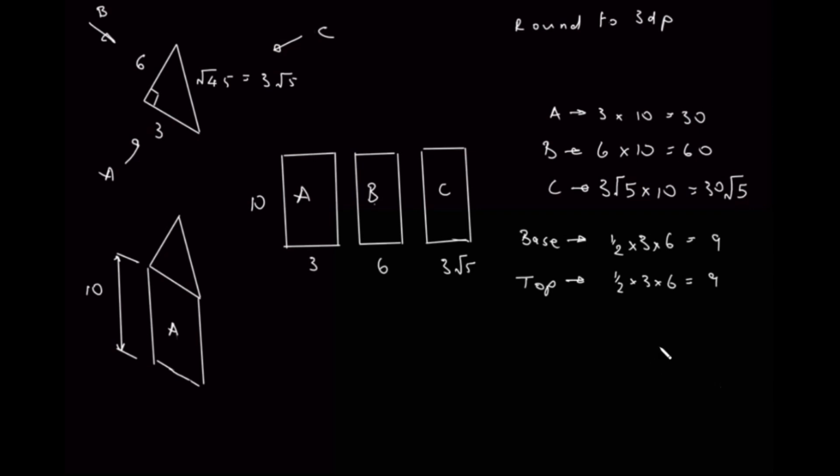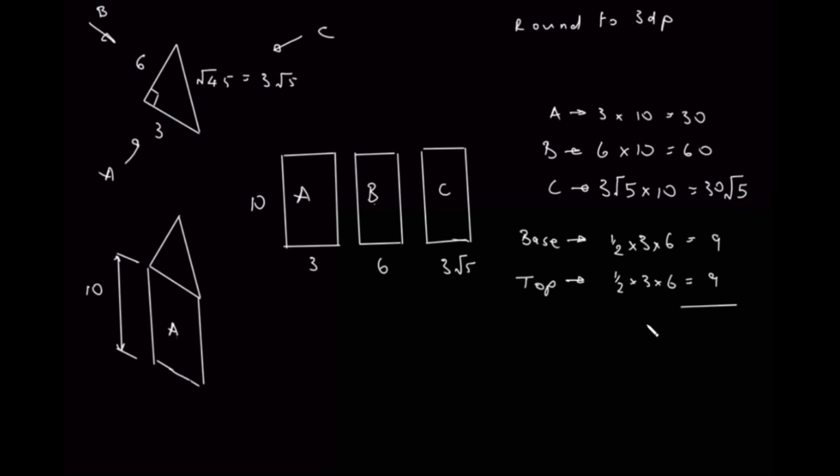Okay, let's add these up. Well, we got a problem here because we can't directly add that without decimals. So 2 9s are 18, plus 60 is 78, plus 30 is 108.